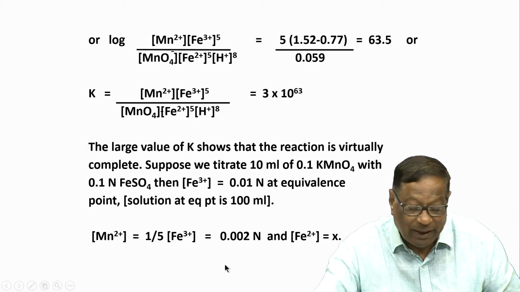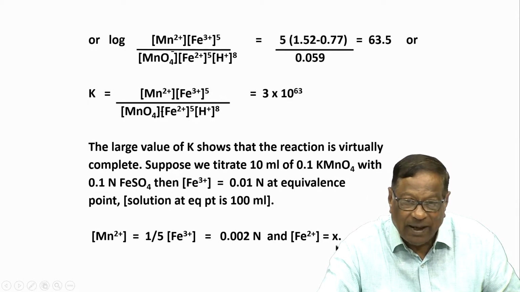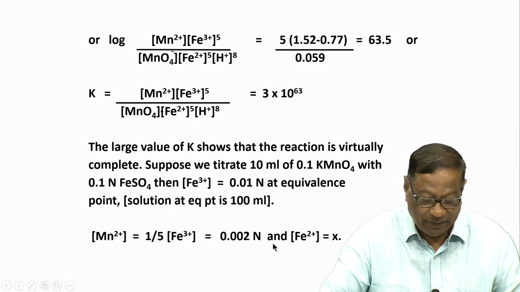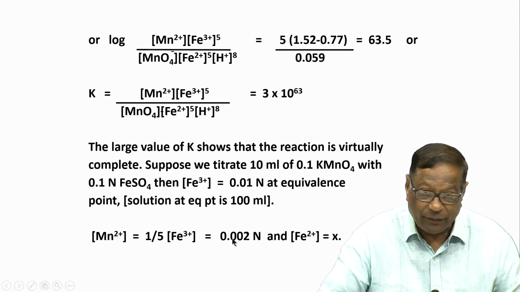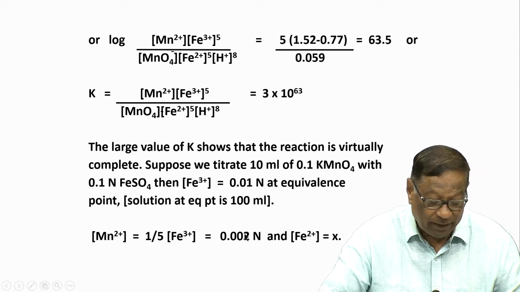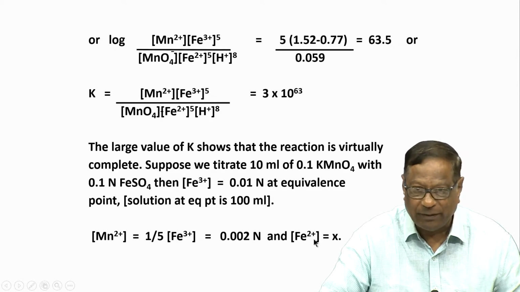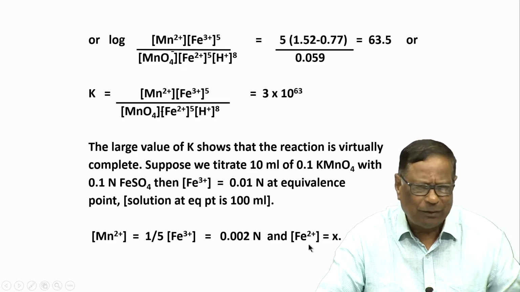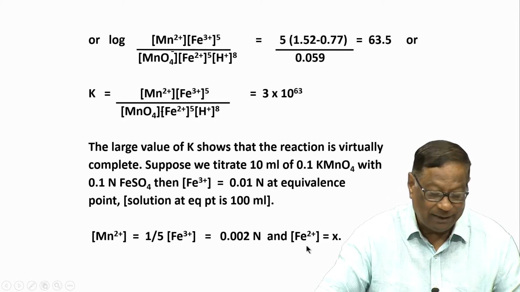That is why we are writing Fe2+ as a small quantity x. But Mn2+, I know the concentration, ferric I know the concentration, ferrous I do not know, how much is unreacted, because the reaction is virtually complete. So, it is a very small quantity, we cannot determine that.